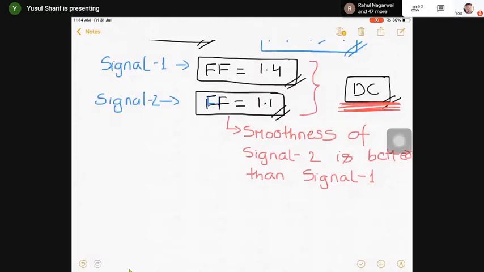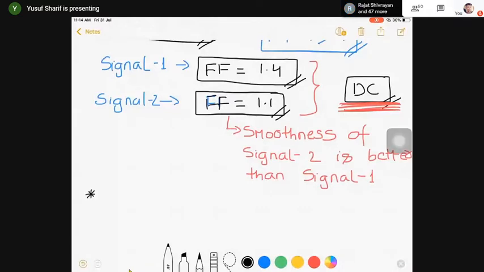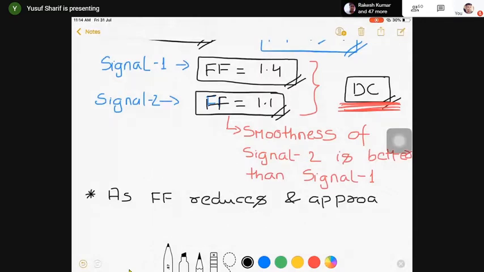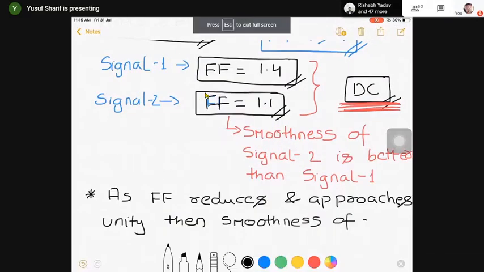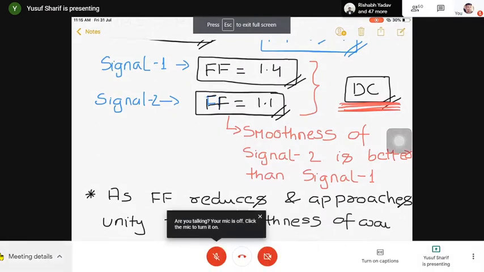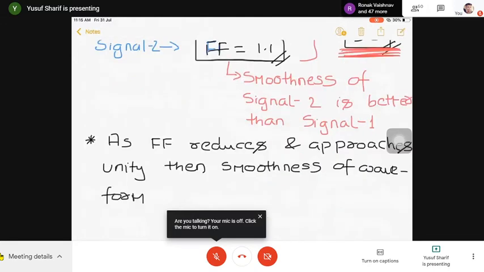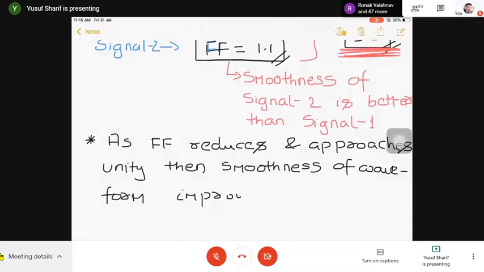Okay, I'll write down this point also here. As form factor reduces and approaches unity, then smoothness of waveform improves towards DC. ये स्टेटमेंट समझ में आया आप लोगों को जो मैंने लिखा है यहाँ पे?